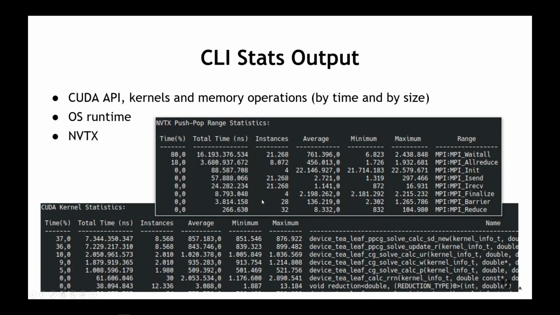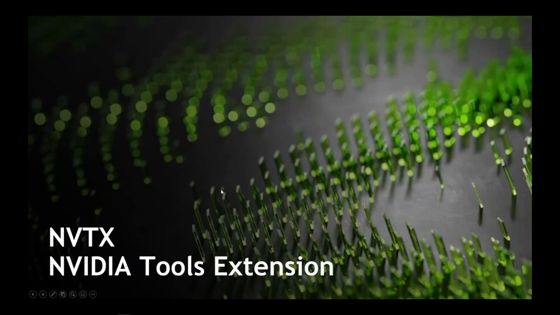All right, okay. Since it has proven to be valuable, I also want to give you some information on the NVIDIA Tools Extension, which allows you to better correlate your source code with what you will see in the timeline later on. So let's have a few more information on the NVTX.